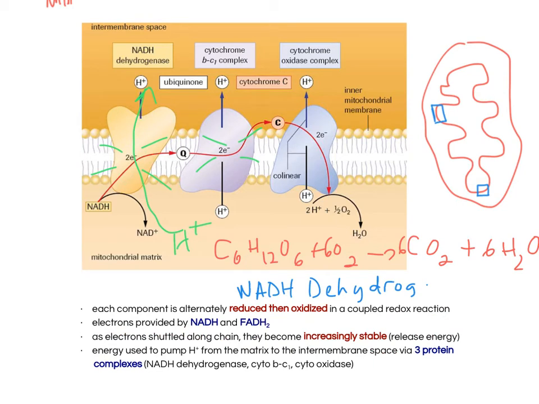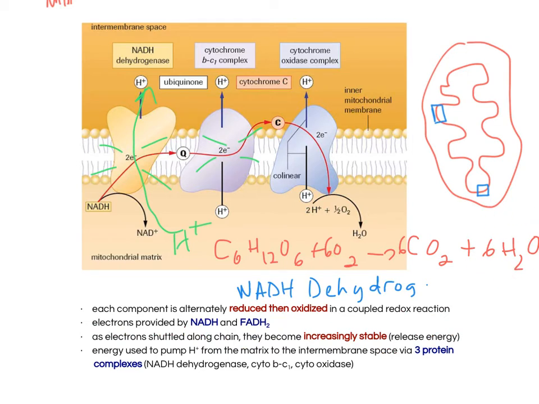Well, here is where they come in. At the very end of our electron transport chain, those electrons are grabbed by hydrogen ions, and together those hydrogen ions will combine with oxygen to produce water.